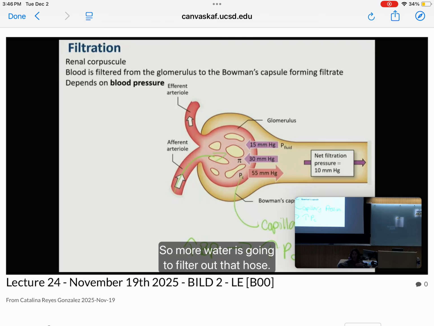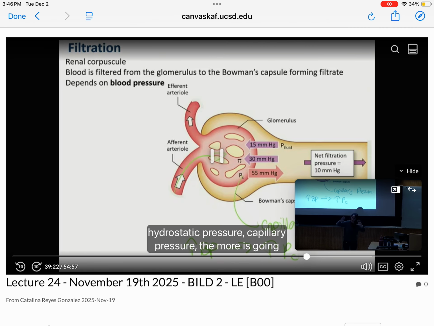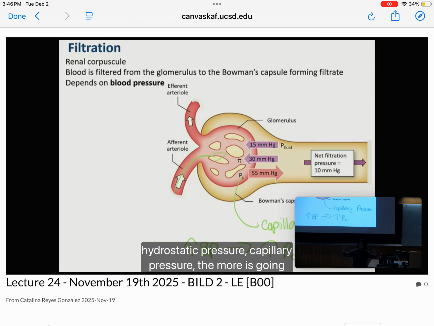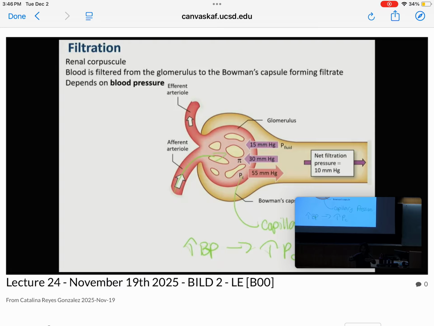So more water is going to filter out that hose. Does that make sense? Same idea here. The more volume of blood I bring into the glomerulus, the more hydrostatic pressure, capillary pressure, the more is going to leak out. These capillaries are very permeable, so more is going to filter into the Bowman's capsule.